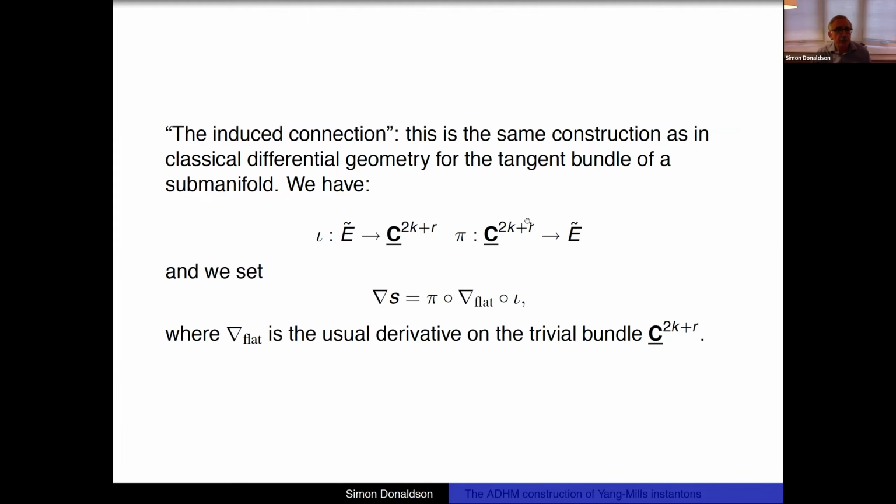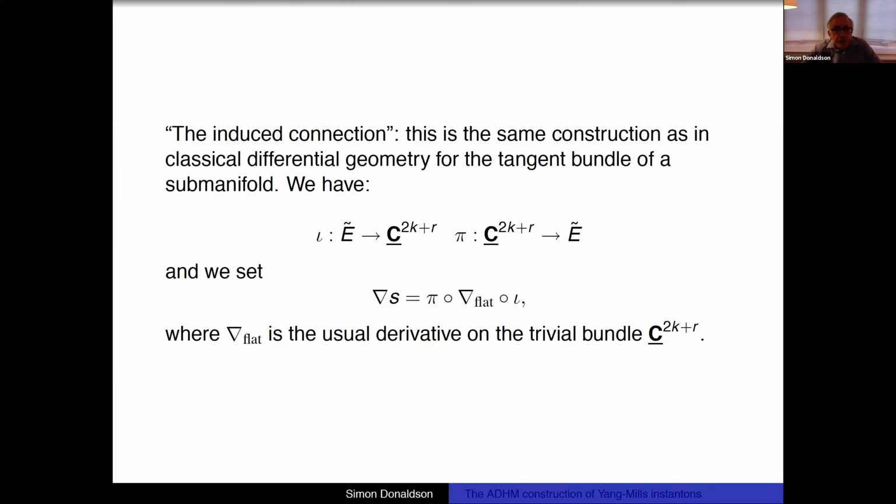So to say that more formally, our bundle, we're calling it E tilde, is on the one hand a sub-bundle of the trivial bundle with rank 2k plus r. I'm using an underline to denote a trivial bundle corresponding to the given vector space. But also we have orthogonal projection, which defines a map pi from the bigger bundle to E tilde. So we have an inclusion map iota and a projection map pi.